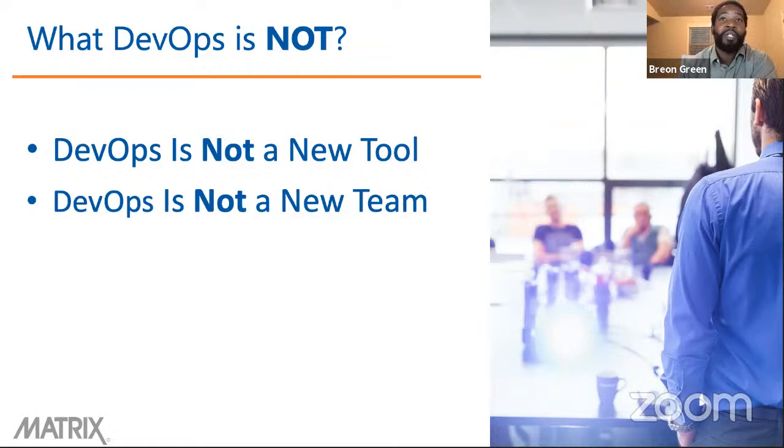There are organizations that often say, we have a DevOps team. And usually that is an indication that they may not be doing DevOps in the right way, because again, we are still going back to the waterfall process where we're handing off work from one team to the other.